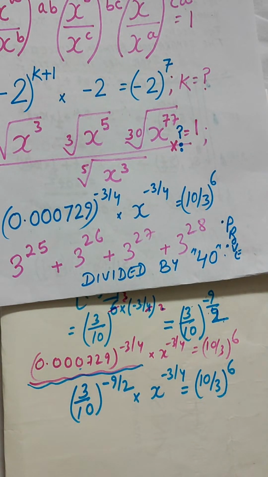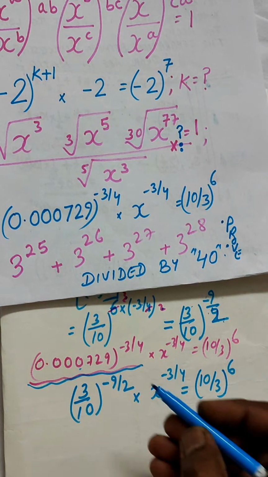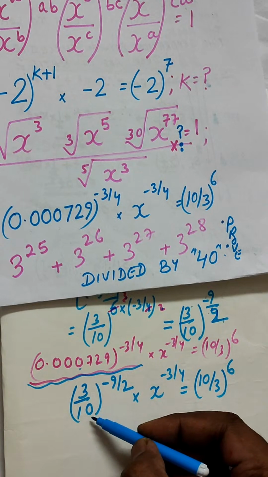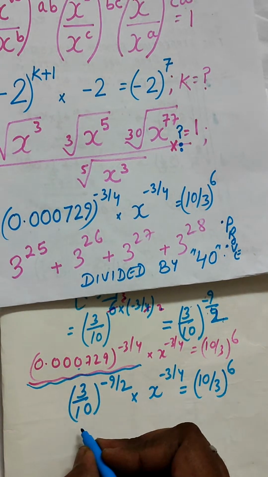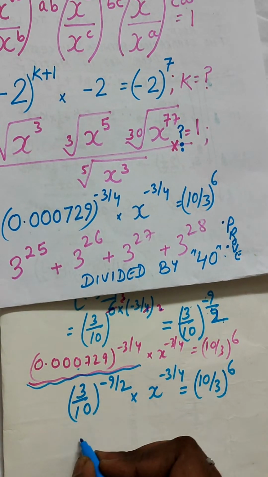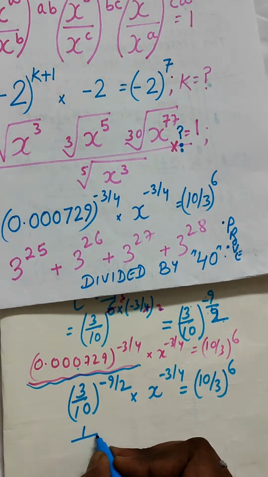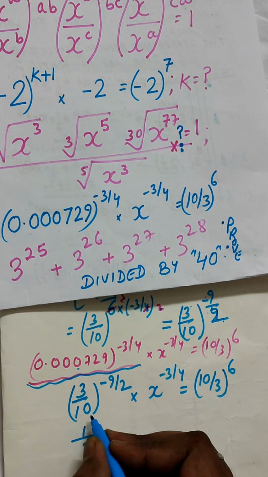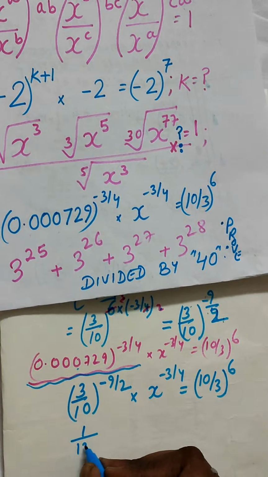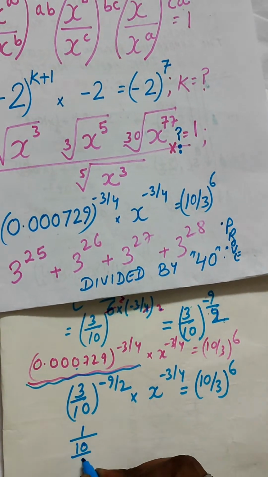So students, you can see 3 by 10 can be written as 10 by 3. Why? How? Let us see. 3 by 10, can't we write 3 by 10 as 1 divided by 10 by 3?